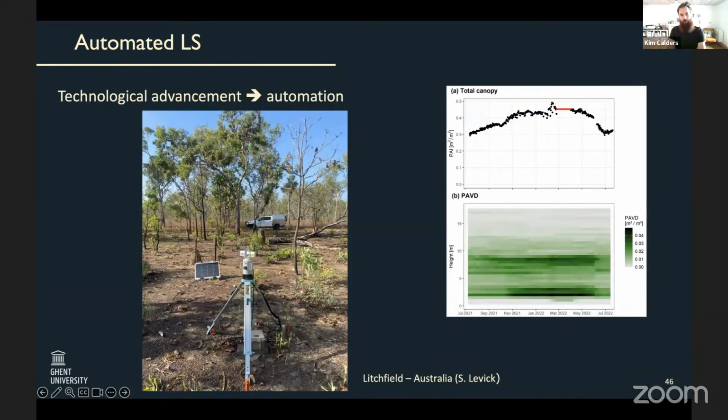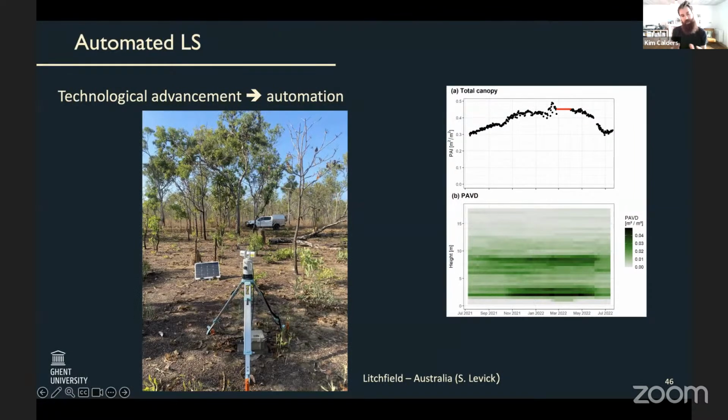Here's an example of a data set, how it looks like. So this is in Litchfield National Park, where the scanner has been installed in July 2021 after fire, and you can see the recovery of the canopy in the profile on the right. So you have the PAI curve in the A panel, and in the B panel, you have these vertical profiles gridded throughout the season with daily measurements or near daily measurements.